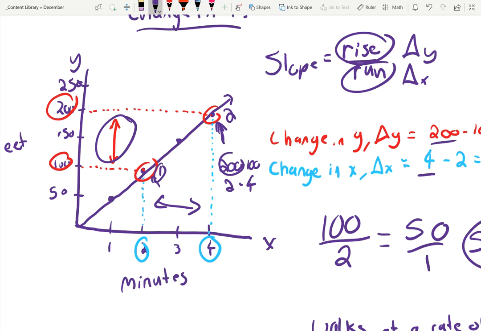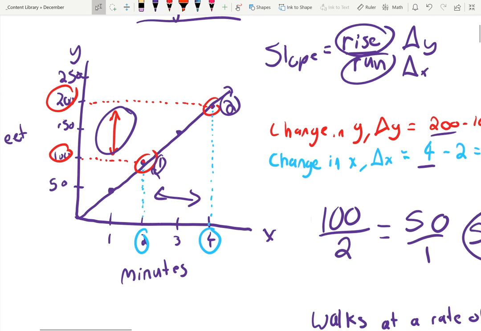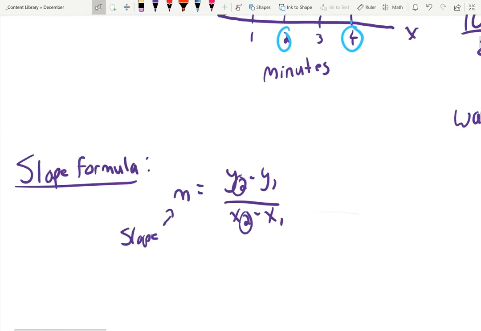We'll call this one point 1, point 2. But on the bottom, I'm starting not at point 2, I'm starting with point 1. So you don't want to do that. If you're starting at point 2, then both numbers should begin with the y value from point 2's y value, and the x value should be from point 2's x value as well.